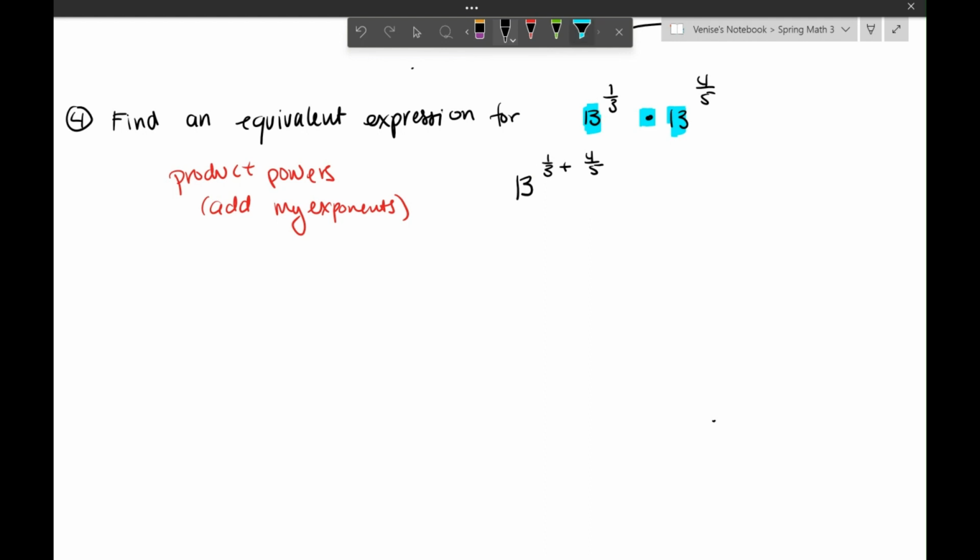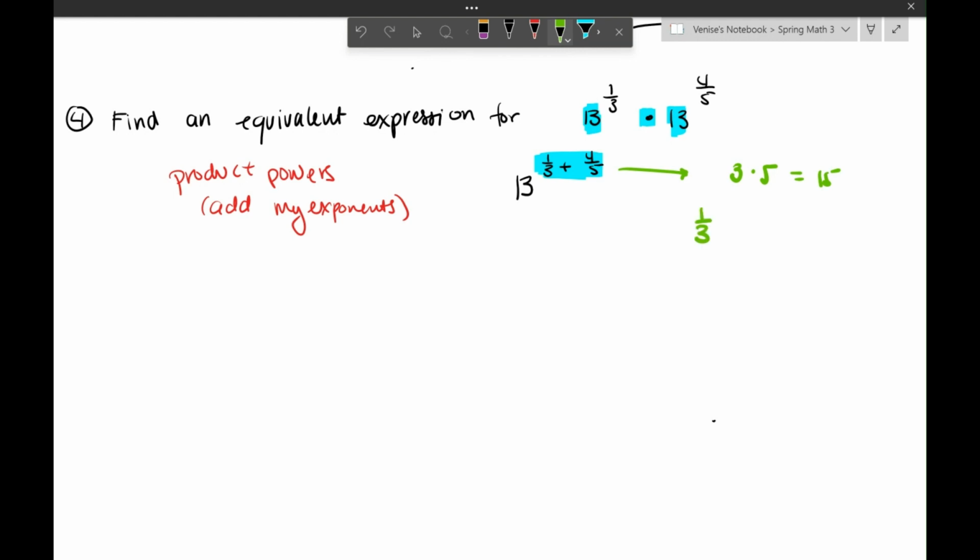But my denominators are not the same, so I'm going to pull it to the side and do the problem there. The first step is to multiply my denominators: 3 times 5 equals 15.